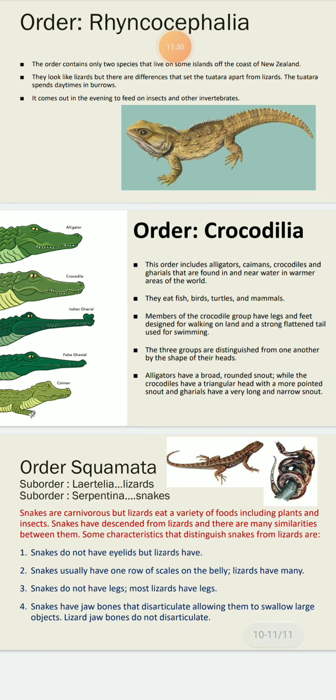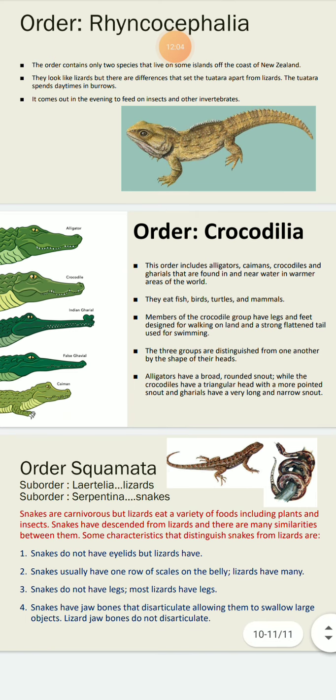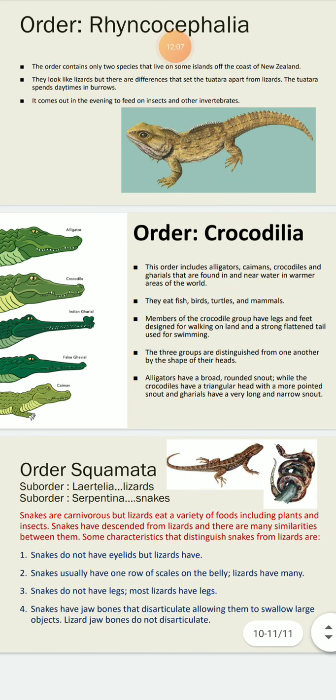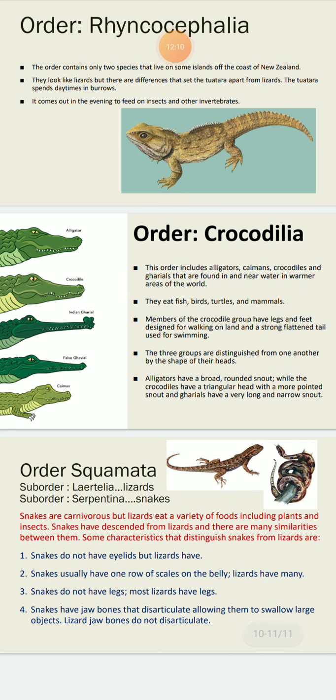Some characteristics that distinguish snakes from lizards are: snakes do not have eyelids, but lizards have. So they have immovable eyelids, in fact. Snakes usually have one row of scales on the belly, lizards have many. So one horizontal row of scales is present in the snakes, whereas lizards have plenty of scales all around on the ventral surface. Snakes do not have legs, which is well known.